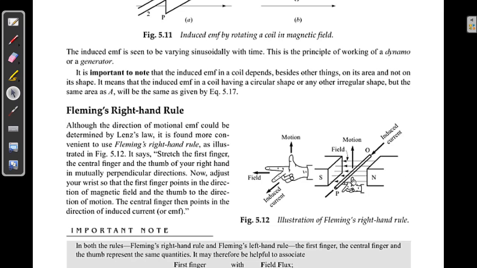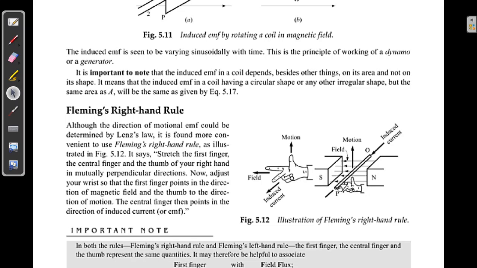In that case, the magnetic field associated with the conductor is changing with respect to time due to the motion of this conductor. So according to Faraday's law, an induced EMF is produced in the conductor.